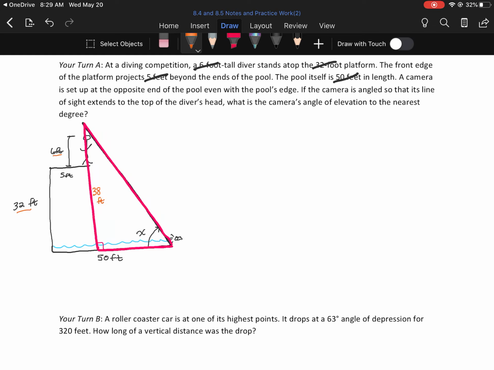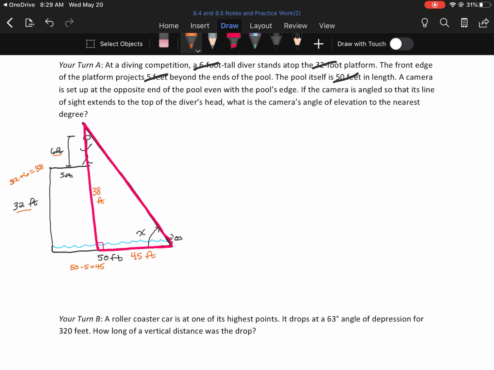All right. Now this short leg here, we know the entire pool was 50 feet, but that platform sticks out 5 feet. So that only leaves me with 45 feet here for that side because I would need to do the 50 minus the 5 to get my 45. And over here I'll put my 32 plus my 6 to get my 38. All right, so now we have everything we need.